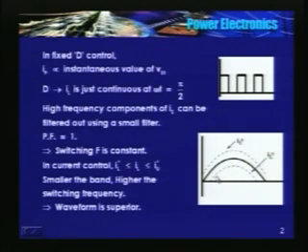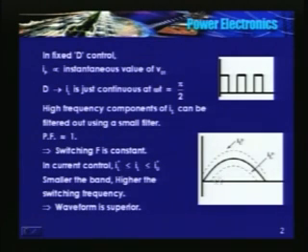So when the inductor current touches the lower band, I close the switch, current increases. When it touches the upper band, I will open the switch, current decreases. So current is lying within the hysteresis band. So current looks almost a sinusoid.